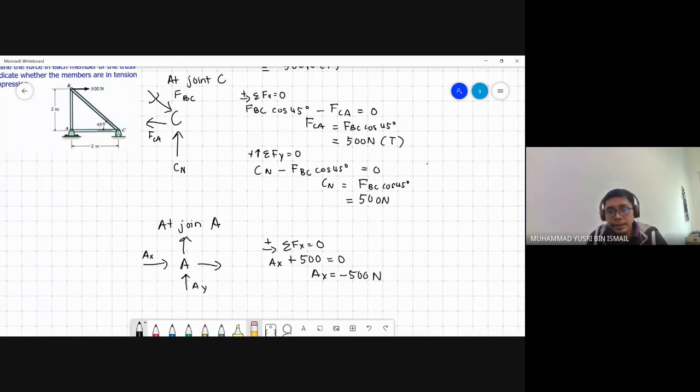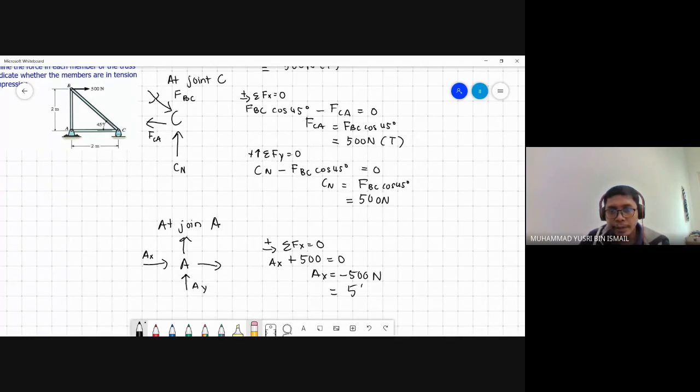Okay, so like your friend asked just now, why did I assume the direction of the force for this part to be to the right? I just assumed it to the right. But actually, based on my calculation, it indicates that my assumption is supposed to be in the opposite direction.